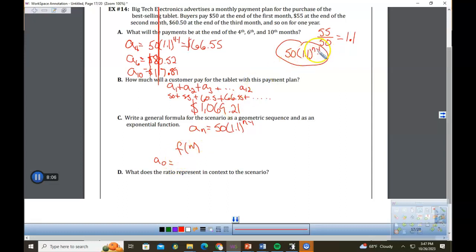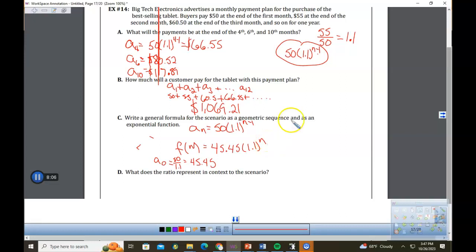So I can plug in 0 to my equation, right? And that'll work. Or I can just say, if I'm multiplying by 1.1, I can divide by 1.1, right? 50 divided by 1.1 is like 45.45. So that's my initial for that one. My rate's going to stay the same, but now I can just put n. Both work.